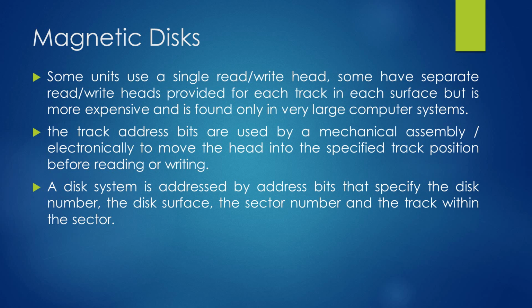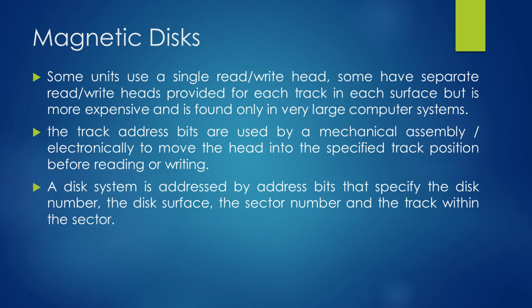A disk system is addressed by bits that specify the disk number, the disk surface, the sector number, and the track within the sector. That means every disk will be addressed by its number, its surface, and a sector number on the track.